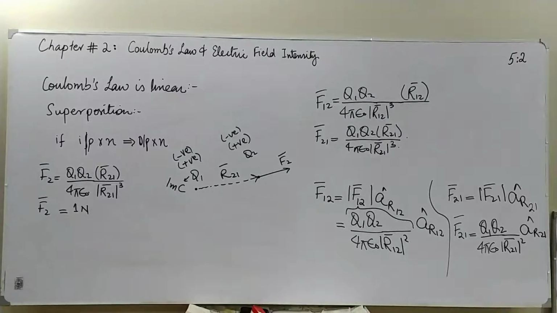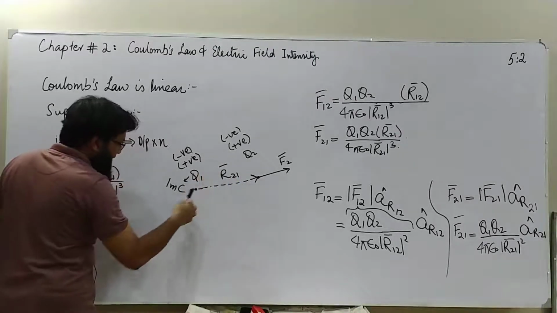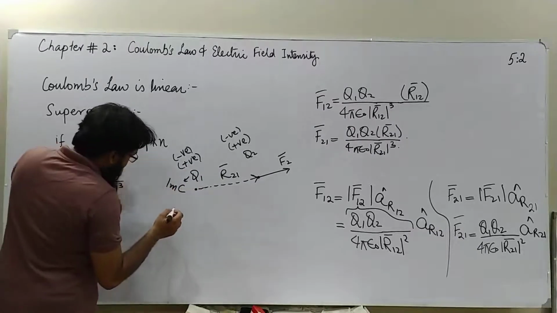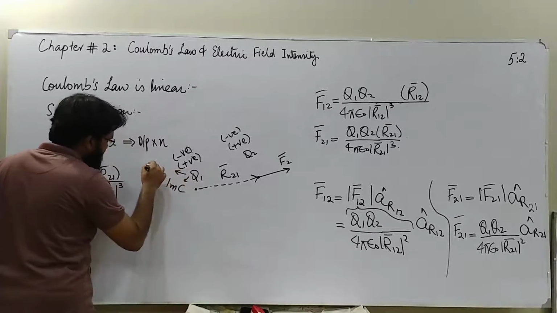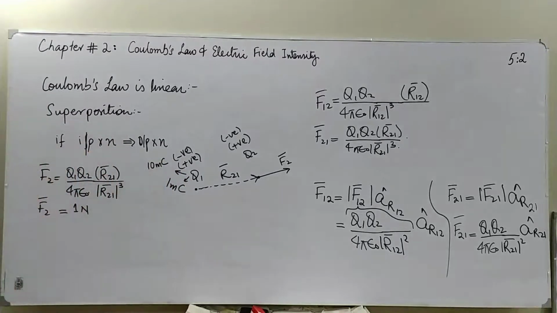So what is the meaning of this? Applying superposition, the meaning is that for the same arrangement, if I just increase the value of charge, instead of 1 millicoulomb, I make it 10 millicoulomb. That means that I have multiplied the charge by 10.